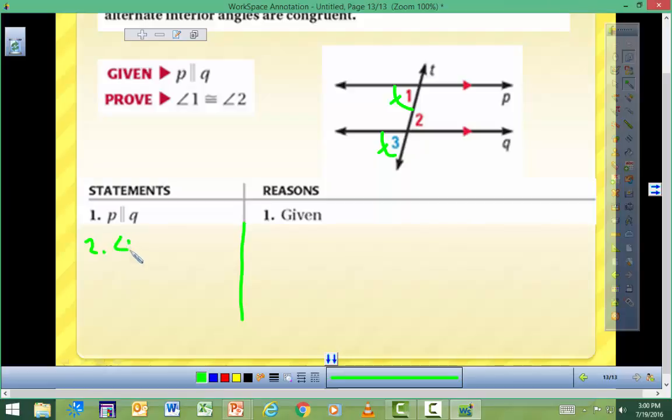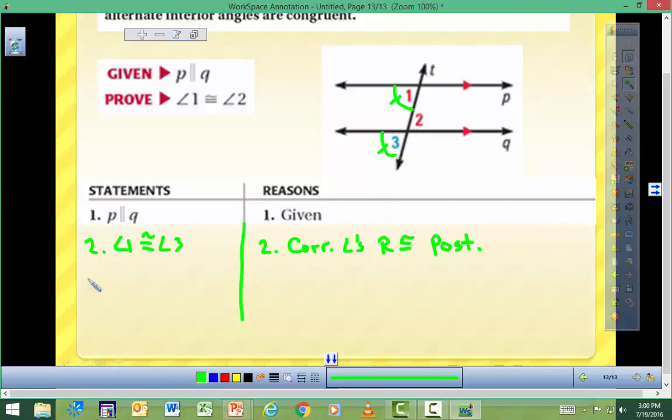Angle 1 is congruent to angle 3, and we call it by its title, basically. Corresponding angles are congruent, and that was a postulate. Okay, that's the one that we're allowed to use.